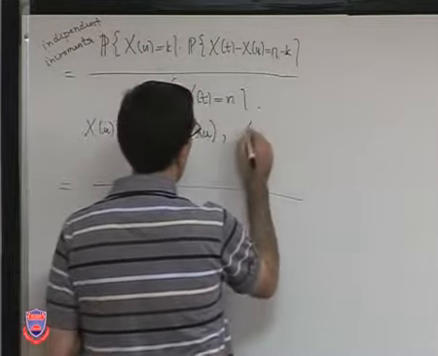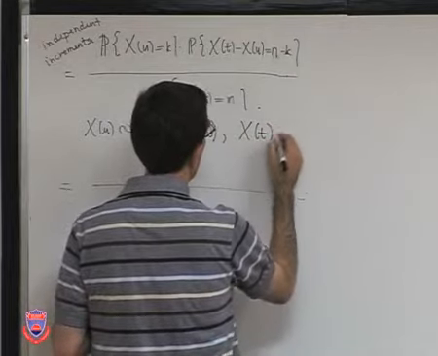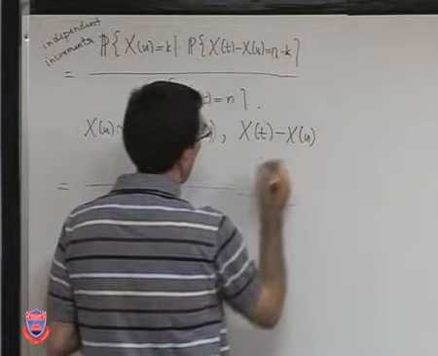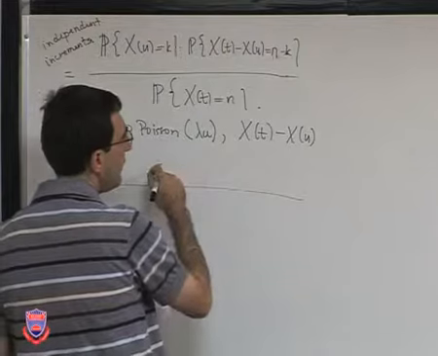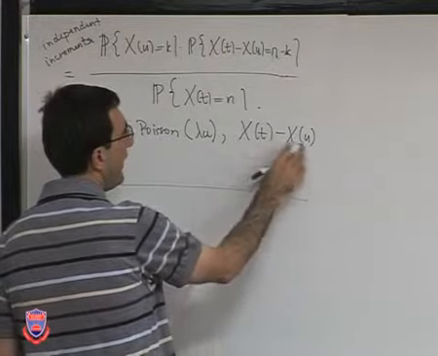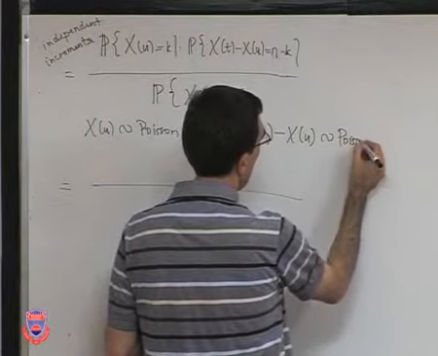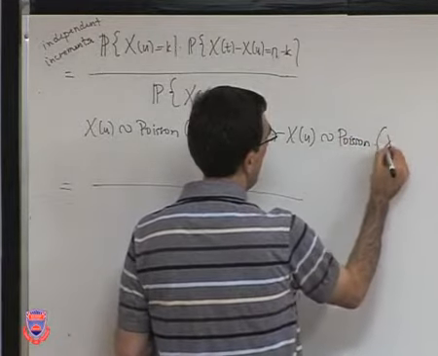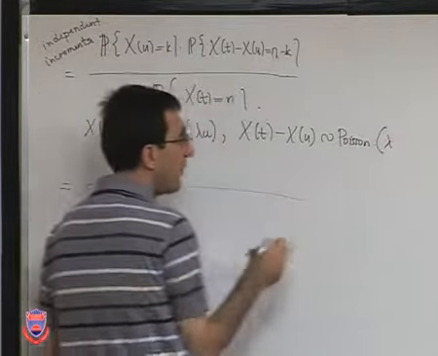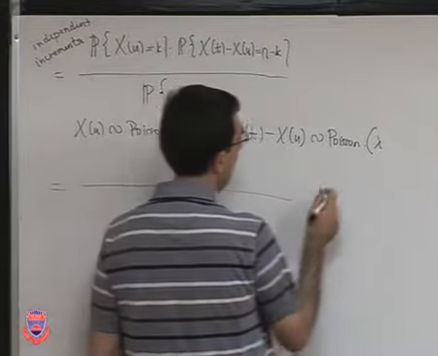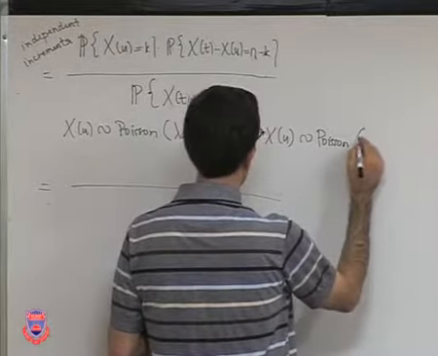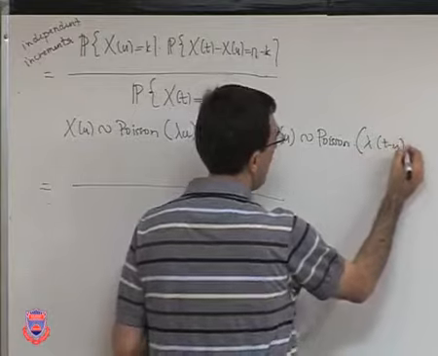Similarly, this counts the number of arrivals over the interval from u to t, which has length t minus u. Therefore, this has a Poisson distribution with mean equal to the rate, the number of arrivals per time unit, times the length of the interval over which we are counting.